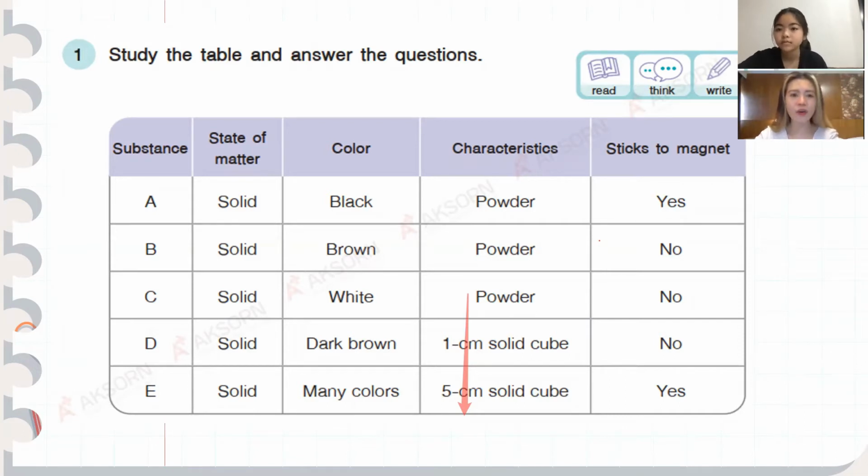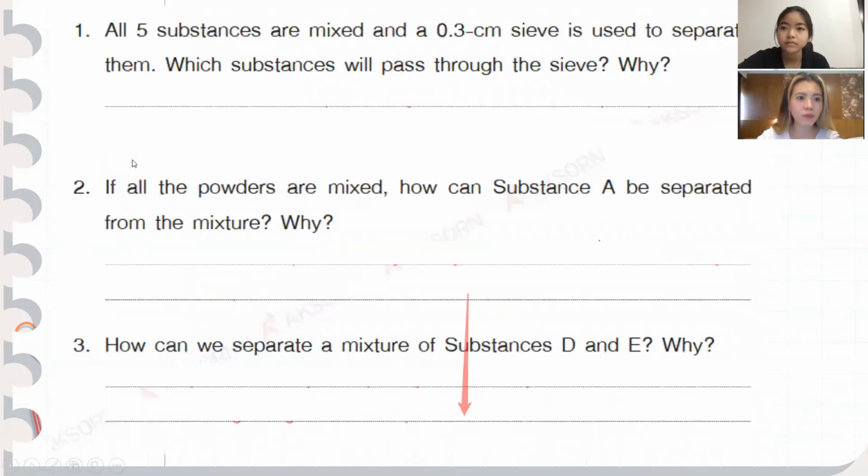Okay, now, first question. Can you read all together? All five substances are mixed together. A 0.3 centimeter sieve is used to separate them.